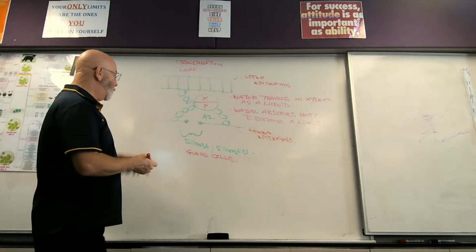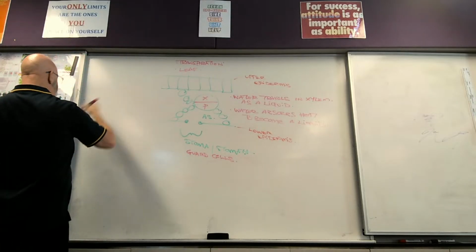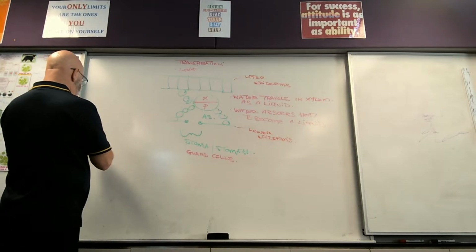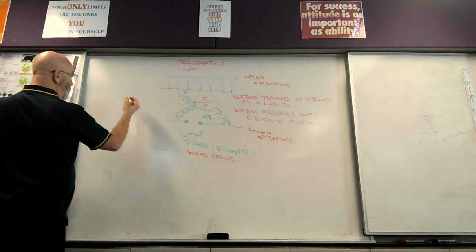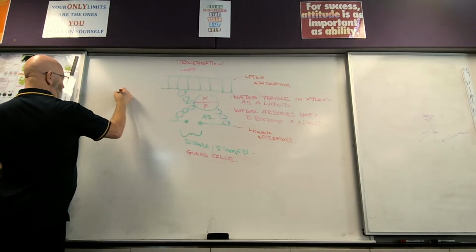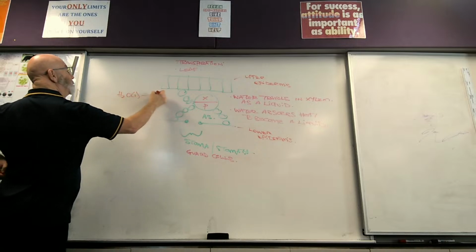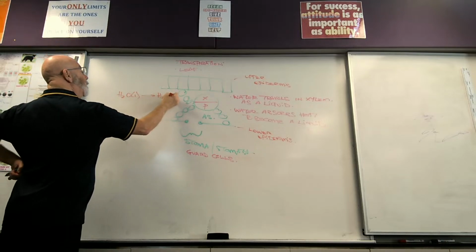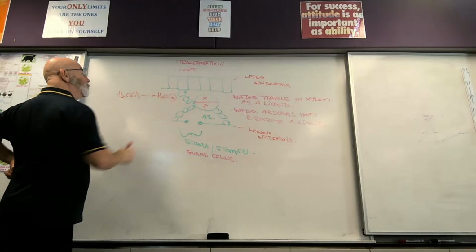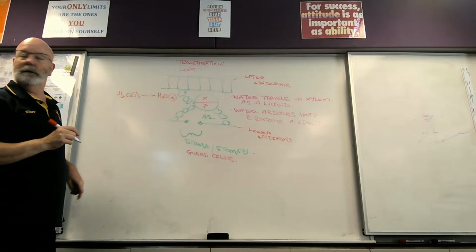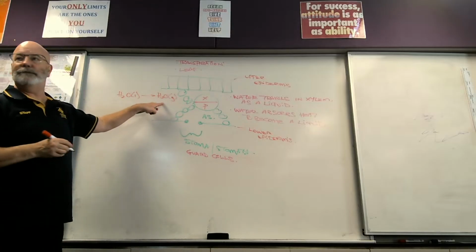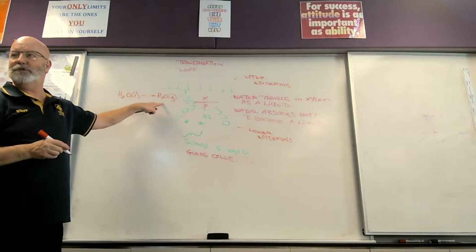And so if we were to write that now, we would write H2O liquid becomes H2O gas, or what we call water vapor. And the way that we make that phase transition is through heat.